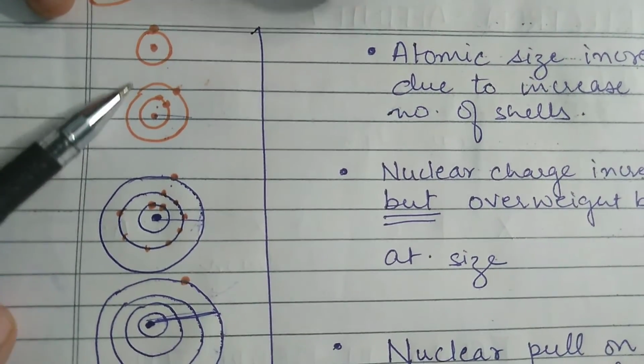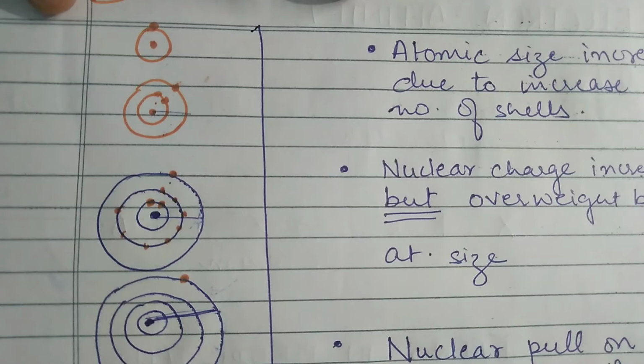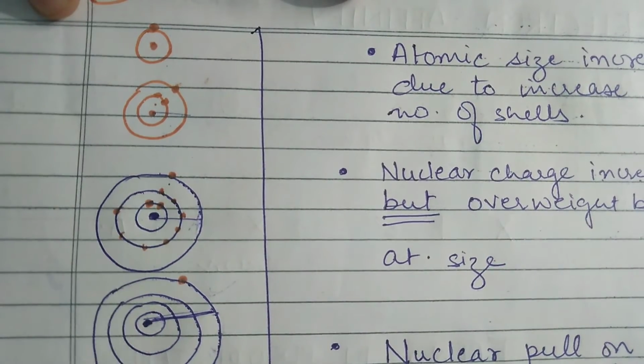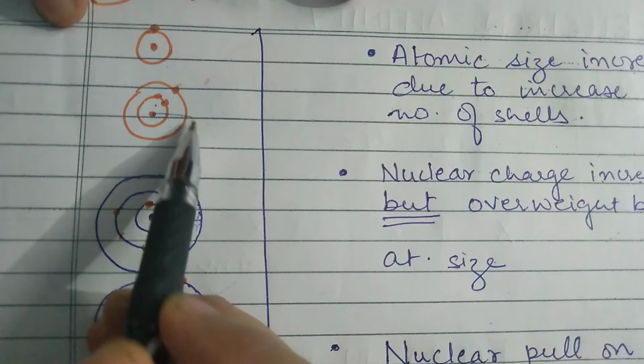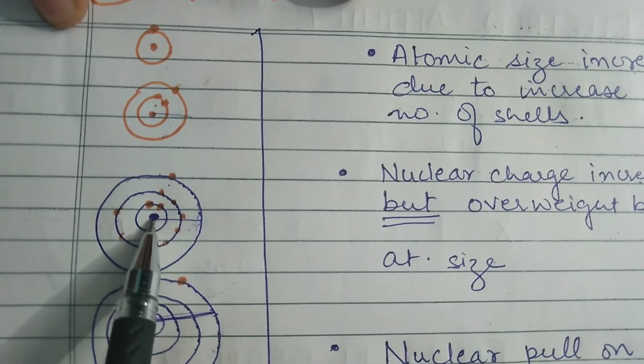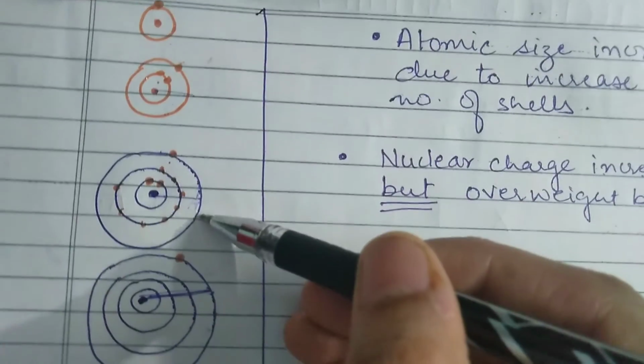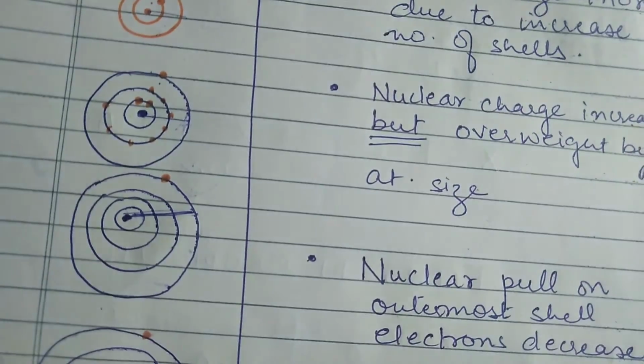If you notice, down the group the number of shells is increasing, so atomic size is also increasing. The distance from here to here is less, and in this atom from here to here, meaning the atomic radius, is more. As you move down, you see the atomic radius is increasing.